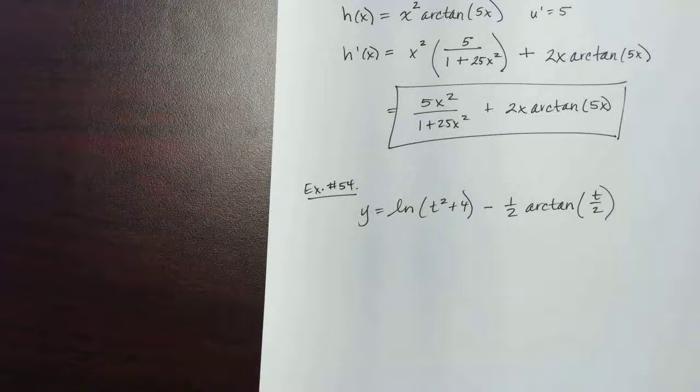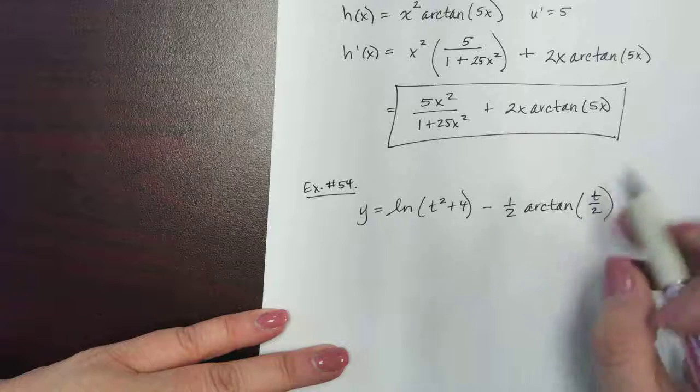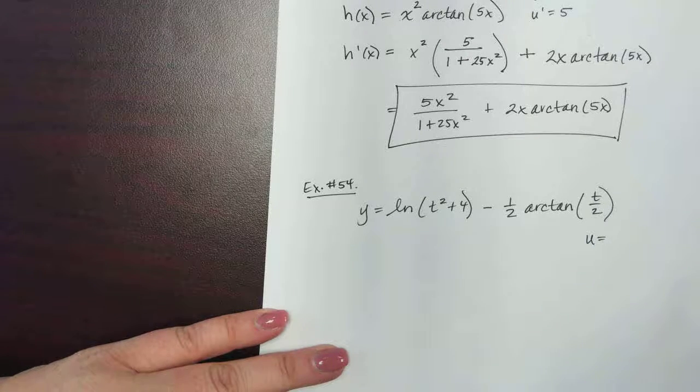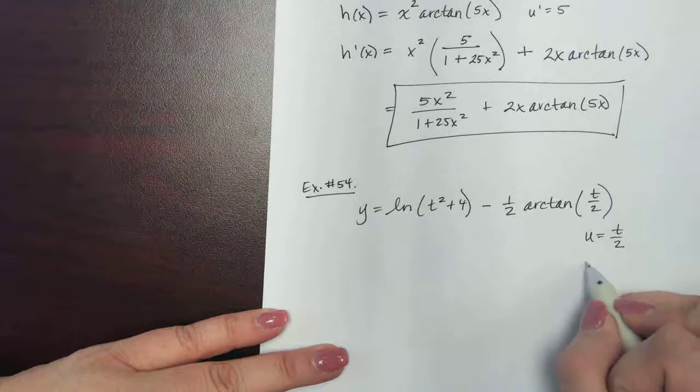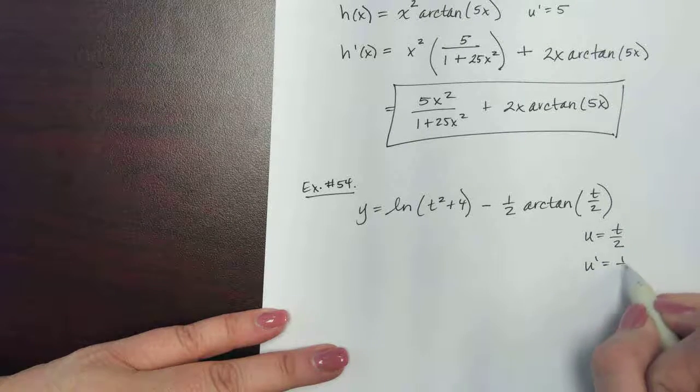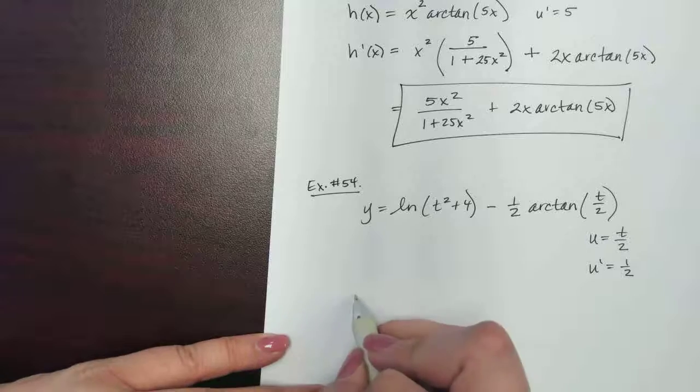We don't have to do product rule or quotient rule, but we have chain rule. And over here for arctangent, what's my u? t over 2. And u prime is equal to 1/2. Okay, so y prime.